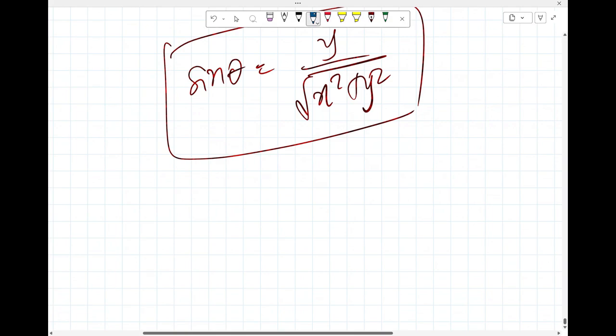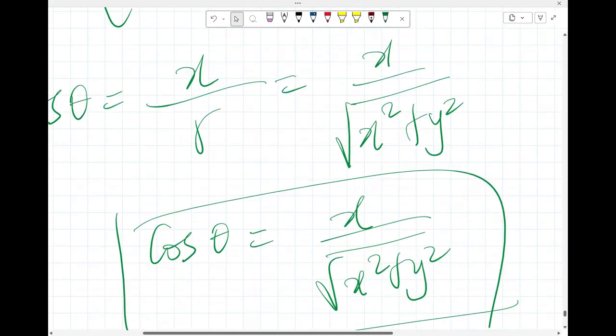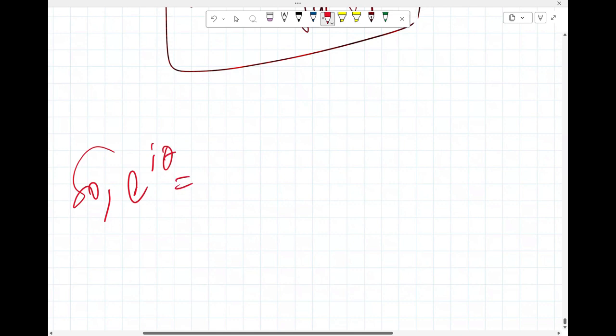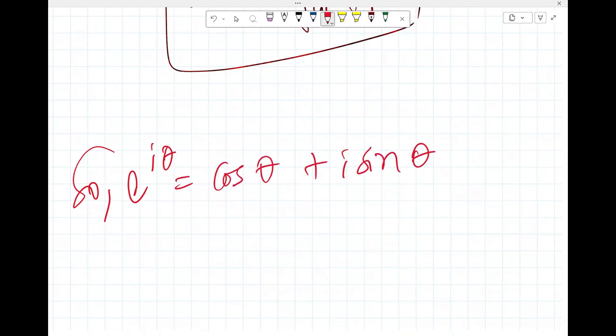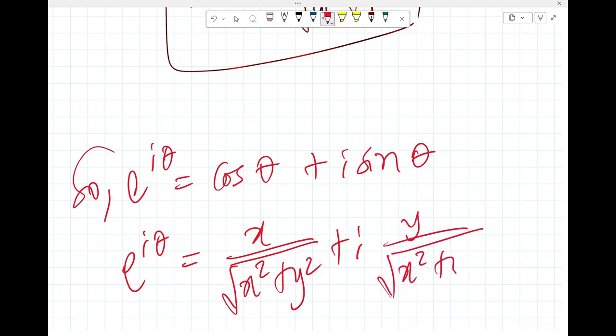So with all this in place now, what we are looking at is e raised to the power i theta, which is equal to cos theta plus i sine theta. This can simply be written as x all over square root of x squared plus y squared, plus i times y all over square root of x squared plus y squared.